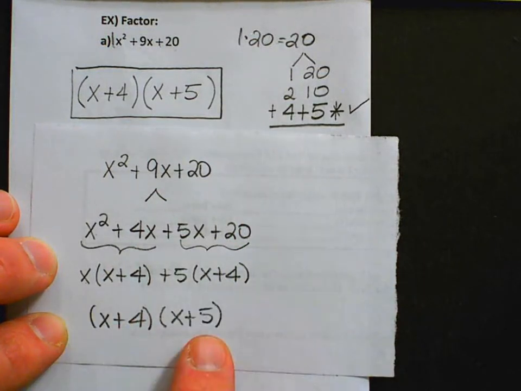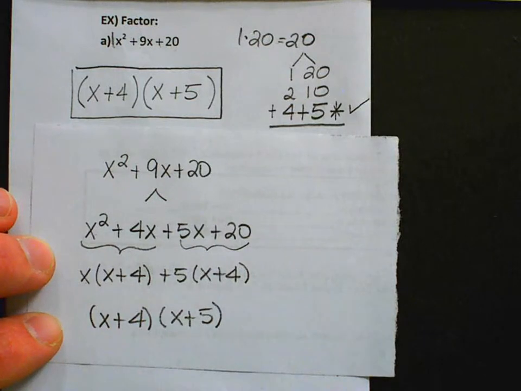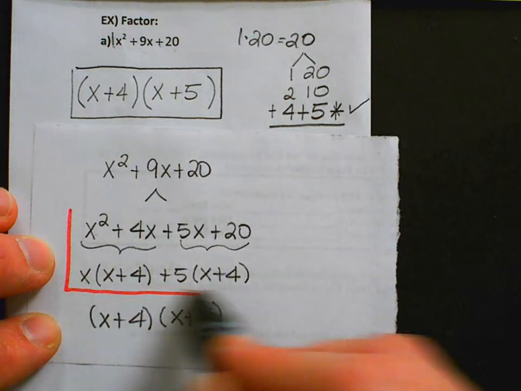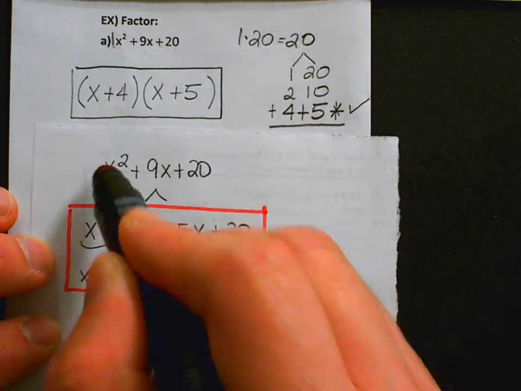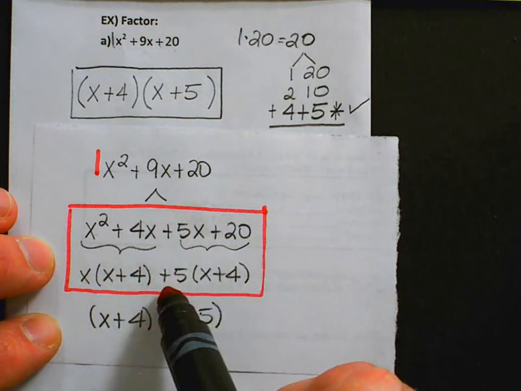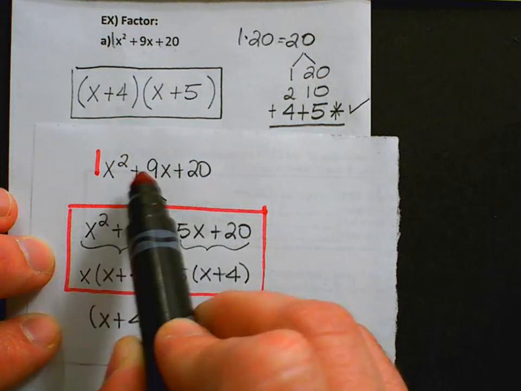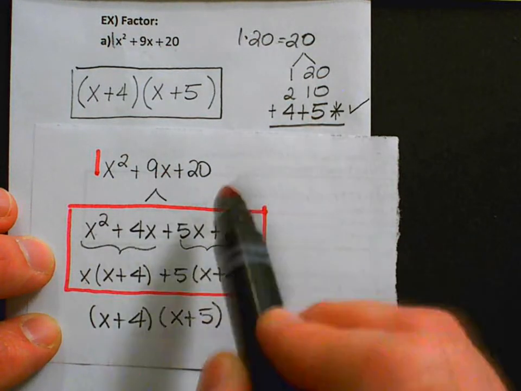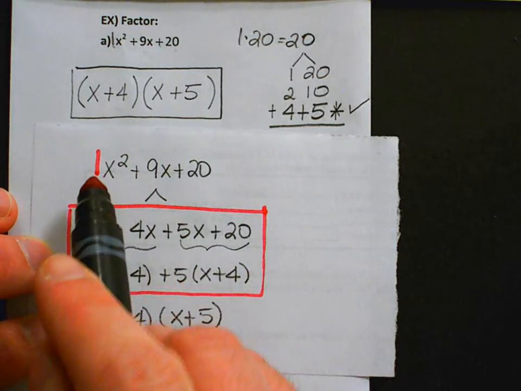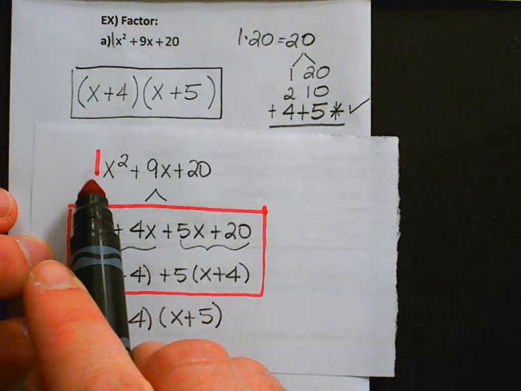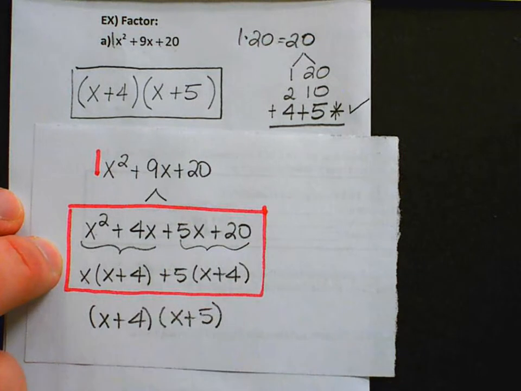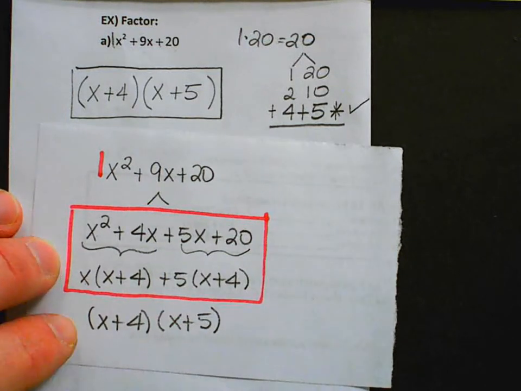What I'm trying to say is that because you have a 1 right here, there is a shortcut, and you don't have to go through this process to get the answer. All you have to do is, once you get those numbers 4 and 5, you can jump right into the answer. That only works if there's a 1 there. If there's something other than 1, then you have to use the previous process that you will learn in lesson number 8. Okay? Alright, so let's go ahead and try some more problems.